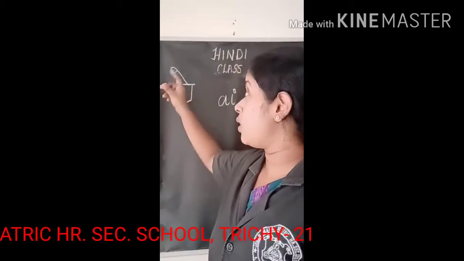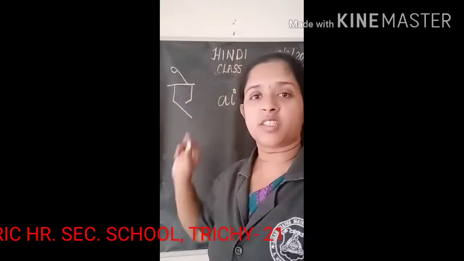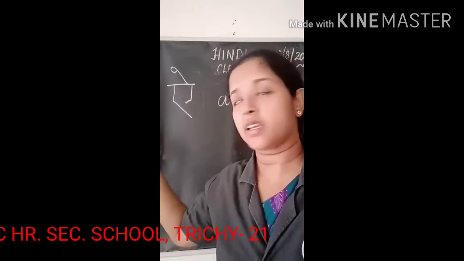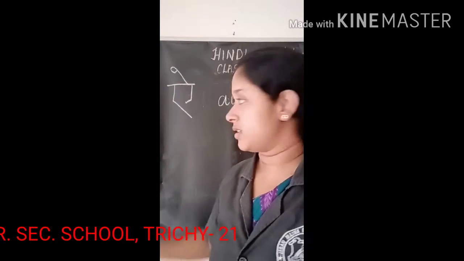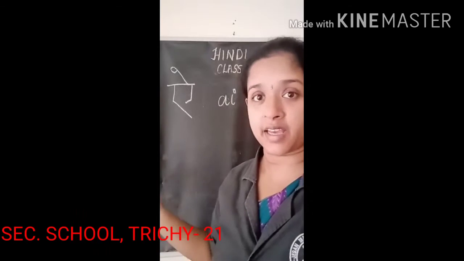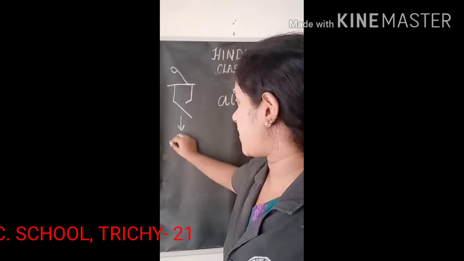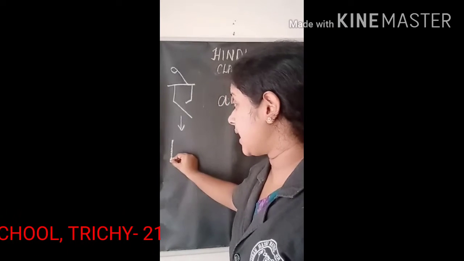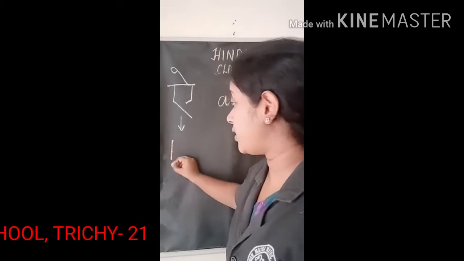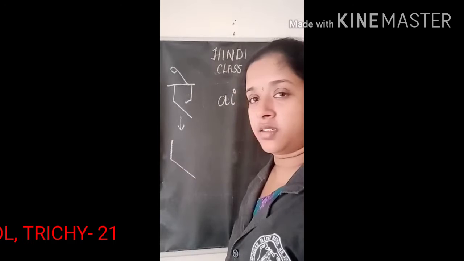Now I will show you how to draw the symbol, and let us practice how to write A as well as I. For A and I both, first you have to draw one straight line. At the ending point of the straight line, you have to draw one slanting line.